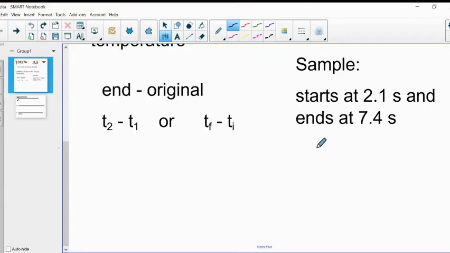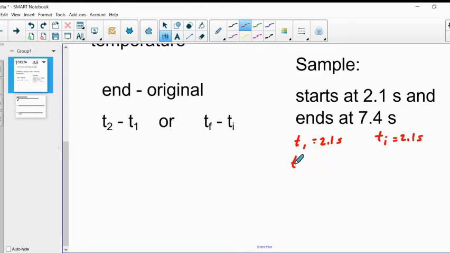Okay, so here we have a practice sample question. Something starts at 2.1 seconds and ends at 7.4 seconds. So I'm going to write down that my T1 is 2.1 seconds. Or I could have said that that was my initial time is 2.1 seconds.